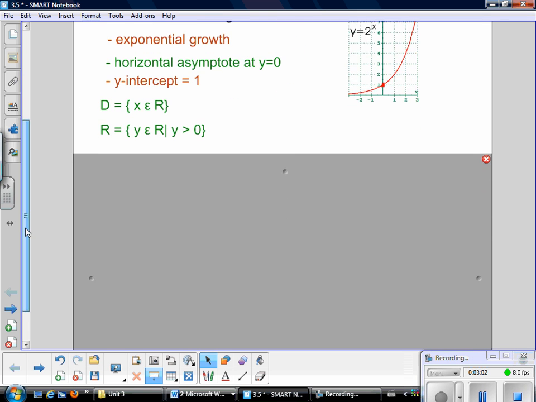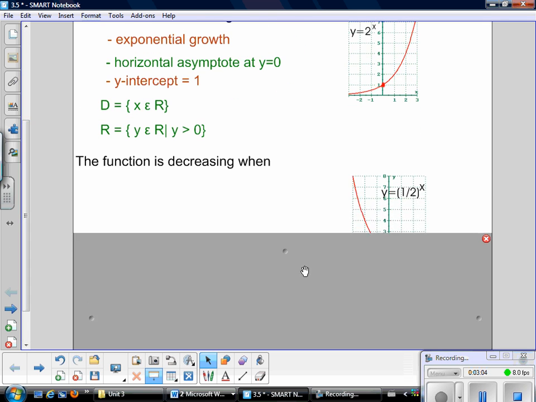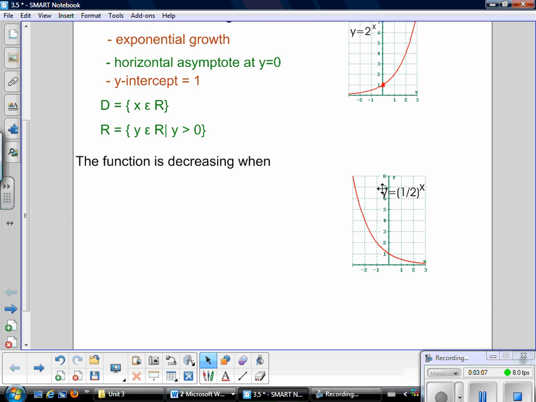The other kind is when a function is decreasing, and this is what it looks like. Again, if I read from left to right, the same way as the book, you can see that it is going down, it's decreasing. And the way we get that is the b value in the equation has to be between 0 and 1.